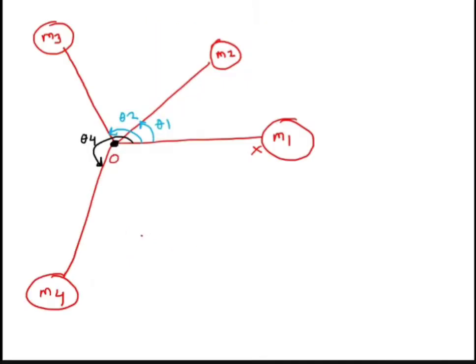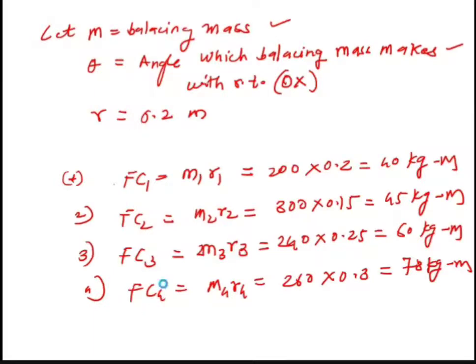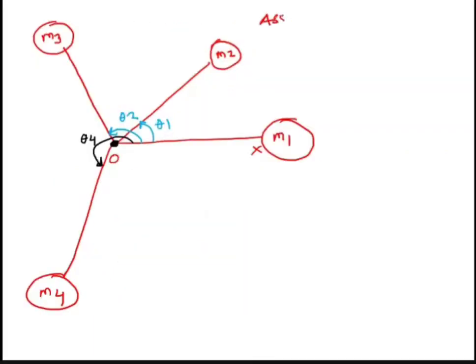So now you can take a scale. What scale will you take? That's your choice, how to take a suitable scale. I am taking a scale of 1 mm equal to 1 kg meter, because that is sufficient.